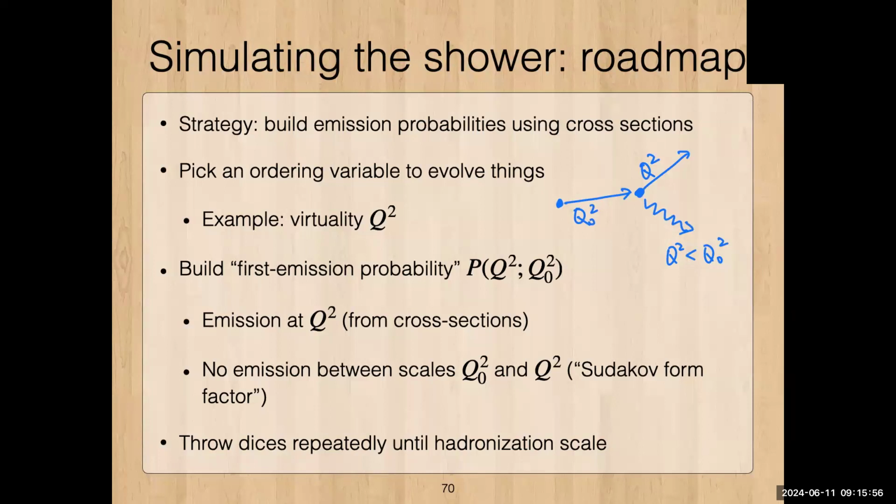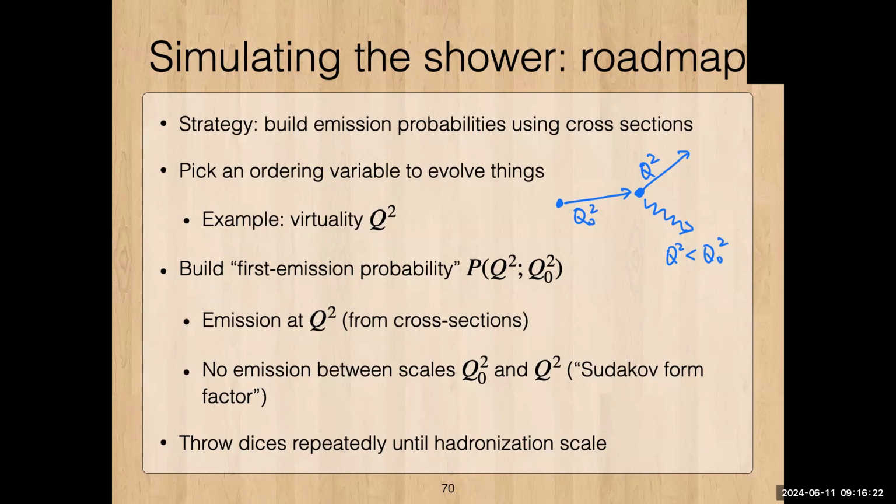So in this case, we have a Q naught. We made it to have a Q squared, and then the child parton has a lower virtuality. It splits lower, and then you will keep going. The way you build things is that you build something called the first emission probability. The probability of this thing happening is a product of two things.